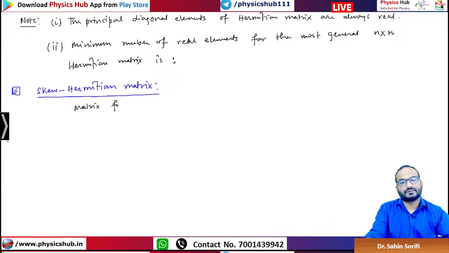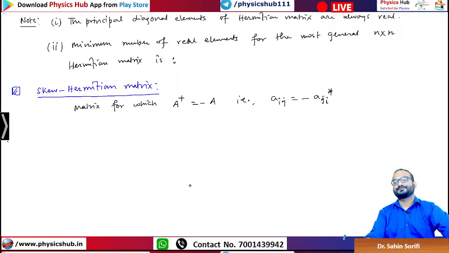It is a matrix for which A dagger equals minus A. Look, Aij equals minus Aji star. Now here we cannot say that the principal diagonal elements will be 0. It may be 0 or it may be imaginary.